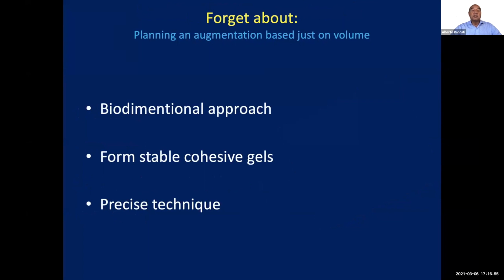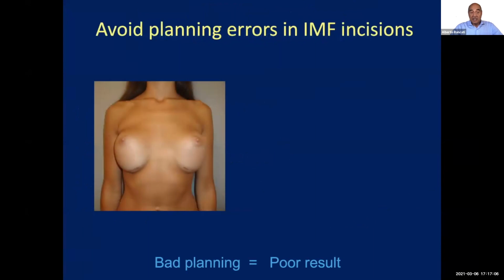You know that you must have a biodimensional approach. You must use today form-stable cohesive gels. You must make a precise technique, and you must avoid planning errors when you are approaching the inframammary fold incision, because bad planning is a bad result.